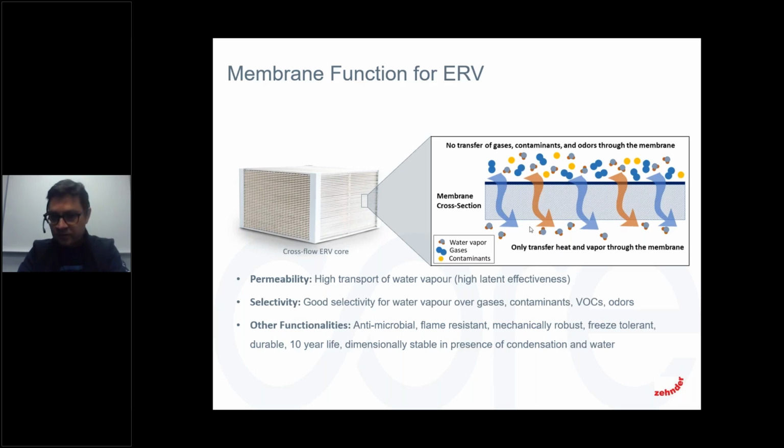We also want a number of other functionalities in the membrane. It needs to be antimicrobial so that fungus and bacteria cannot grow on it. We want it to be freeze tolerant in case there are incidences of frosting, a long lifetime, and in the presence of condensation, the membrane must also be stable to water vapor or to liquid water.